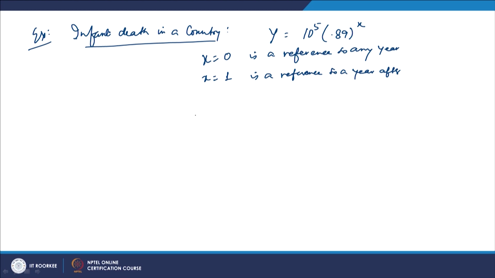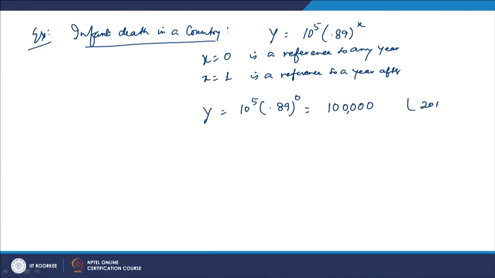If you take any year as the reference and try to find the values, then in the reference year y equals 10 raised to the power 5 into 0.89 raised to the power 0. So it will be 10 raised to the power 5, which is 1 followed by 5 zeros.